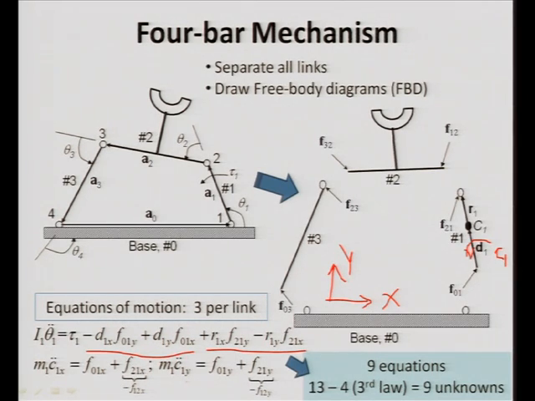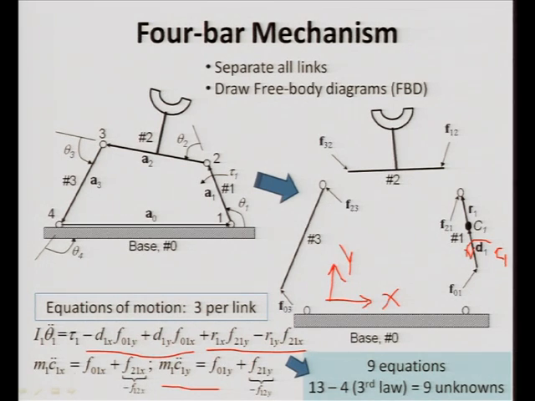They are f 0 1 x and f 2 1 x. Just note that f 2 1 x is nothing but f 1 2. F 1 2 is the force acting on the second body by the first body because of Newton's third law. Now, the equation along the y direction, m 1 c 1 y double dot is equal to f 0 1 y plus f 2 1 y.